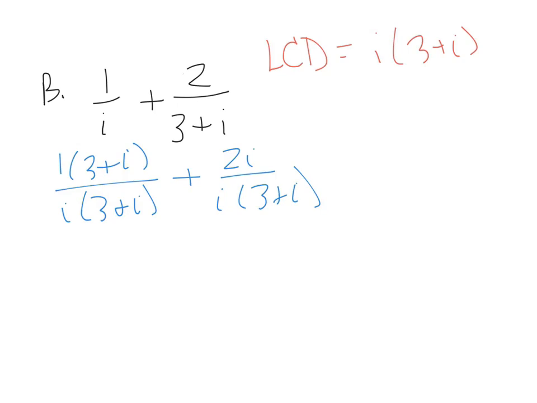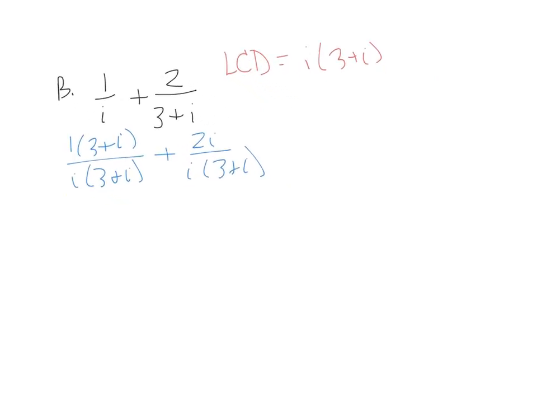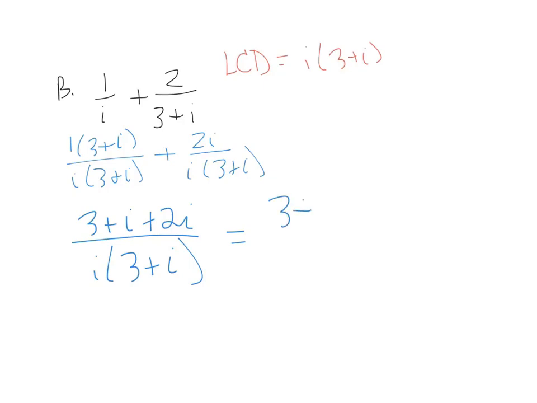Alright, so the denominator is just going to be i times 3 plus i. The numerator is going to be 3 plus i plus 2i. So this becomes 3 plus 3i over 3i, I'm distributing here on the bottom, plus i squared.